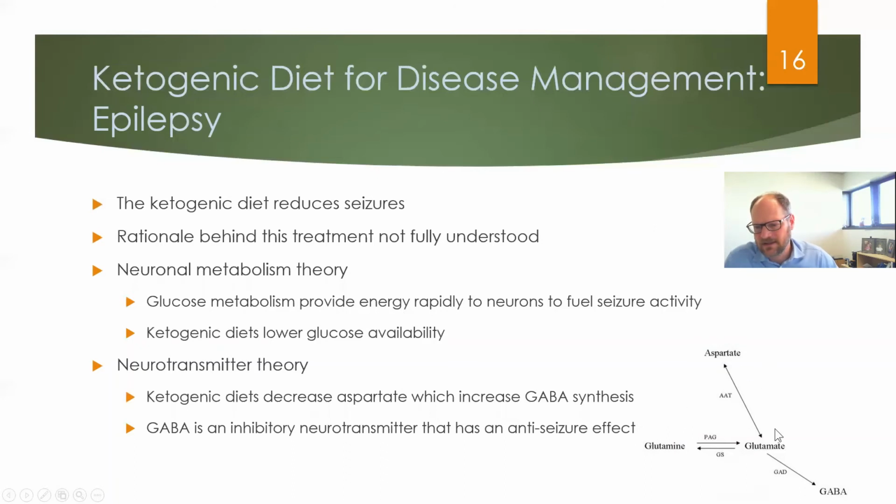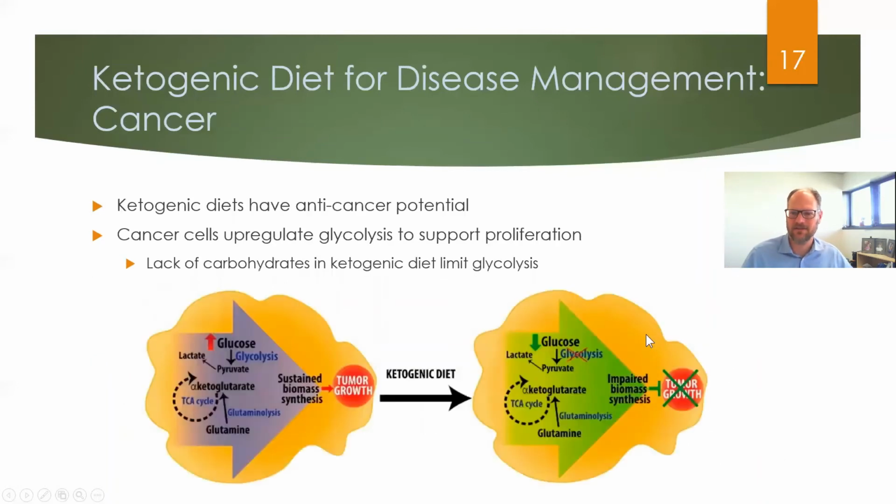The theory is that the neurotransmitter GABA, gamma-aminobutyrate, is actually synthesized from glutamine, and this reliance on the ketone body, or on fatty acid and protein catabolism, may modulate the synthetic rates of GABA in the body. This is speculative and less well supported, but it is something that has been connected to the ketogenic diet.